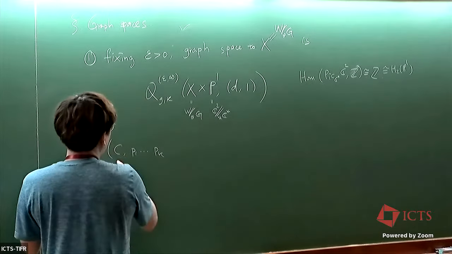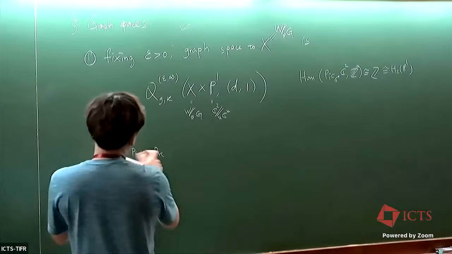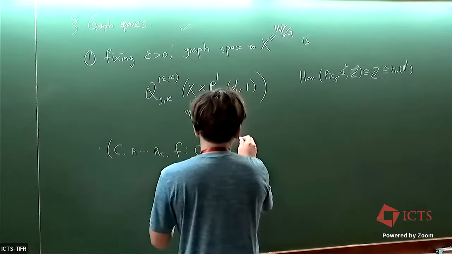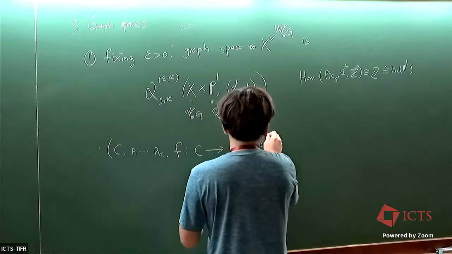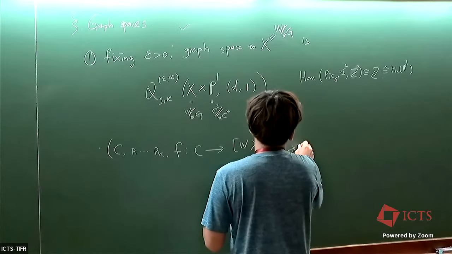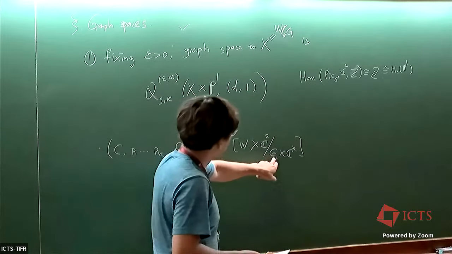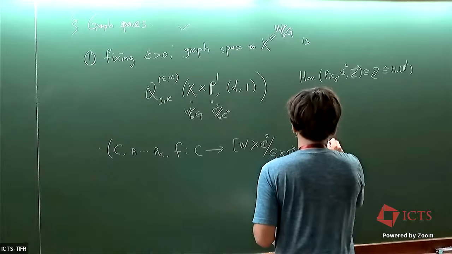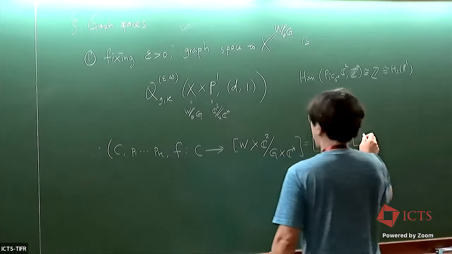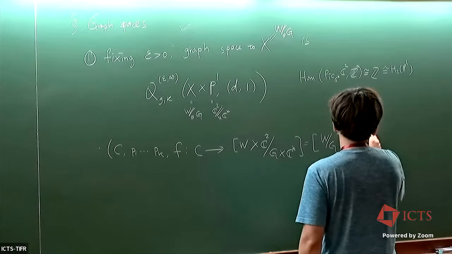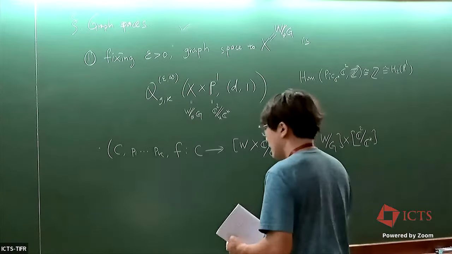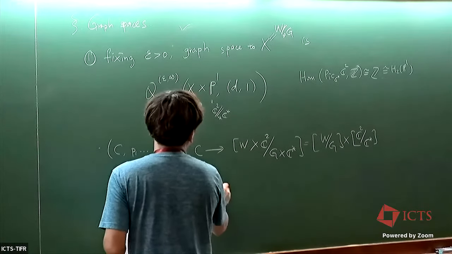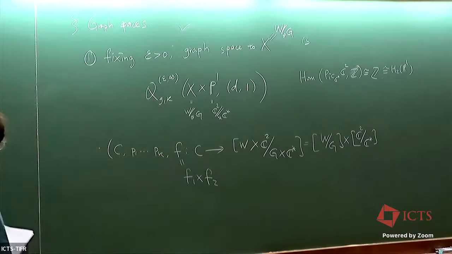Here, a quasi-map, as we've discussed, is the data of these maps, where the action on G is trivial here and C star is trivial here. This is decomposed into this thing, and let me denote these two this way, like one cross f2.